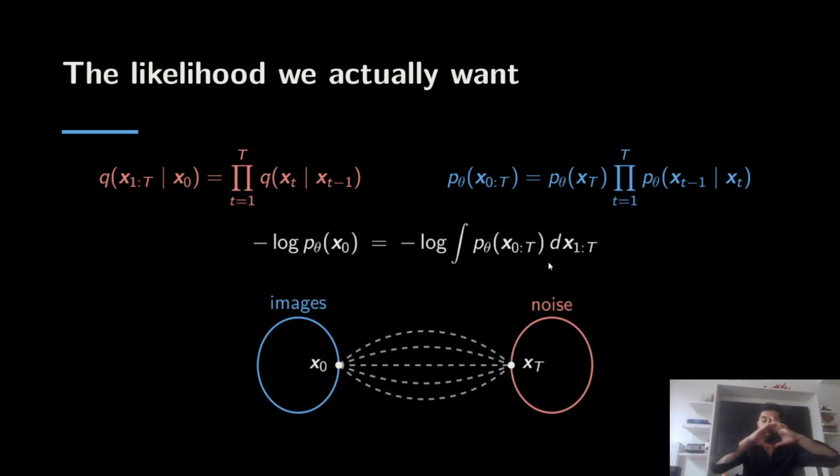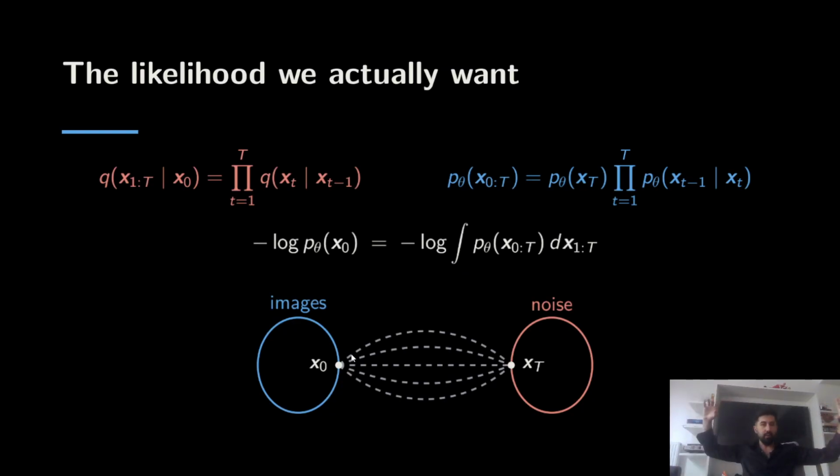I know this sounds a bit complicated, but I promise you it's not. Basically, here we have x0, our image, and here we have xt, and to calculate the log of p theta of x0, we have to walk every path imaginable from xt to x0.